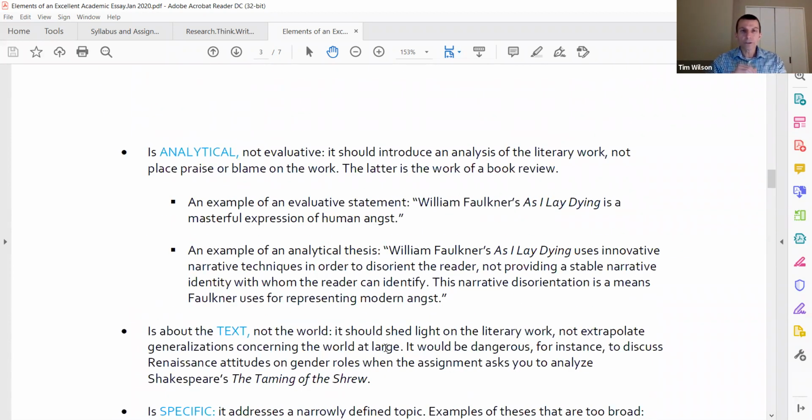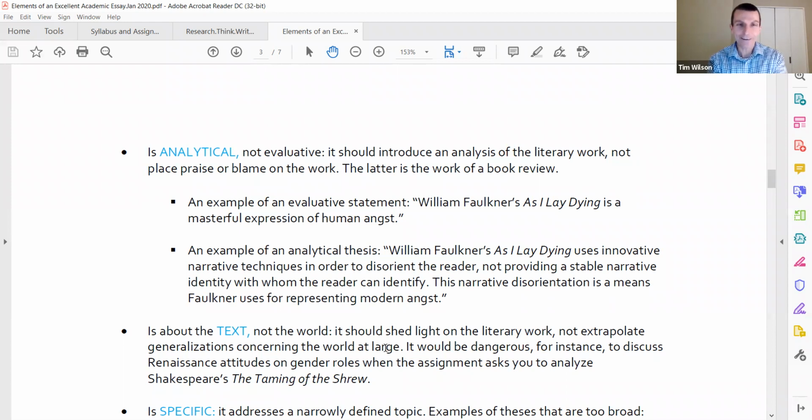It's analytical. So I mentioned that before. It's not evaluative. An evaluative one is kind of like a book review. So a book review of a novel is, oh, this was a great novel, I really liked it. An analytical thesis is where you're trying to analyze the work, not evaluate it. An example of an evaluative statement: William Faulkner's "As I Lay Dying" is a masterful expression of human angst.